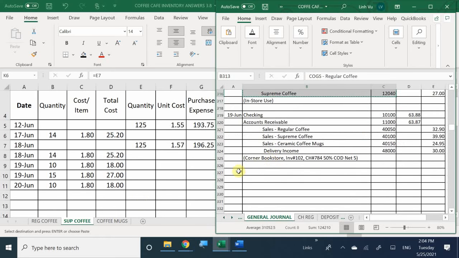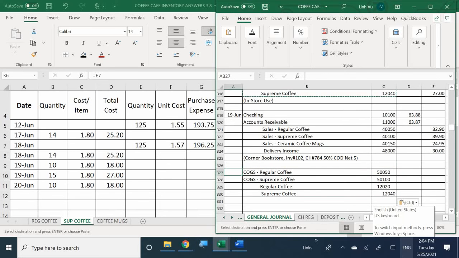Date will be 6/20. Cost of goods sold for regular and Supreme Coffee, with the note, corner bookstore invoice 102.